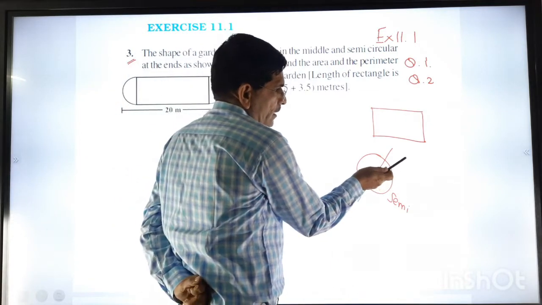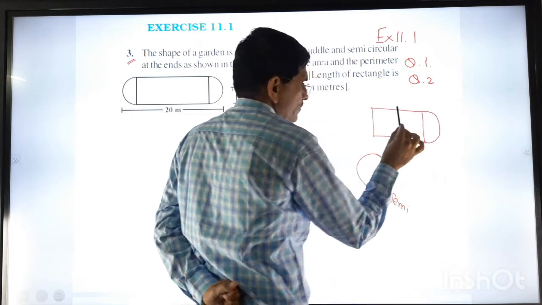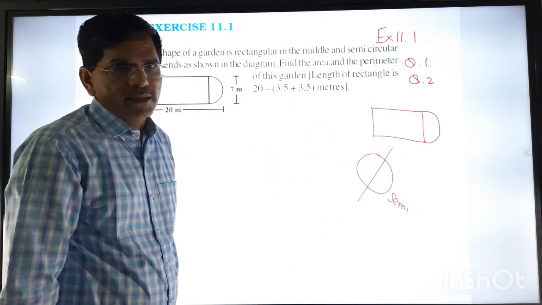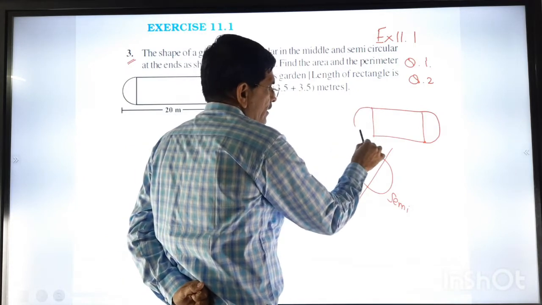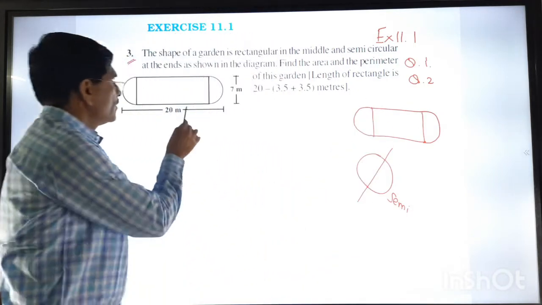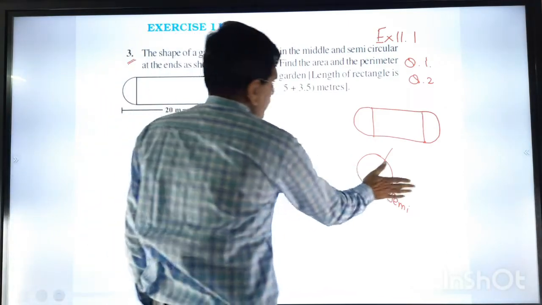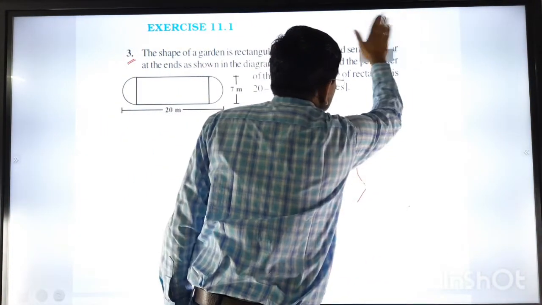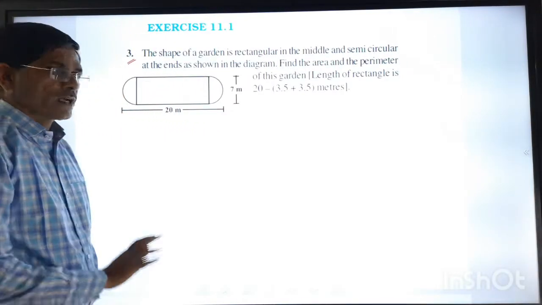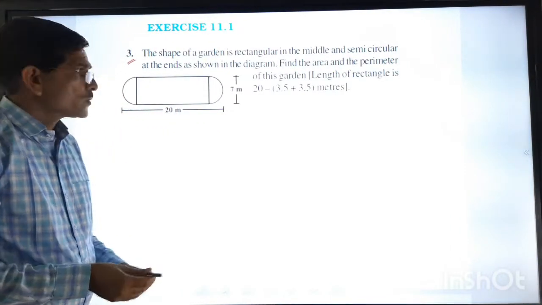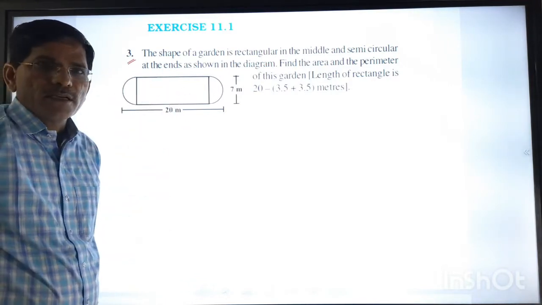If this semicircle is attached here, then the figure is like that. So the figure is a rectangle with circle, and you will see that here two semicircles are there.